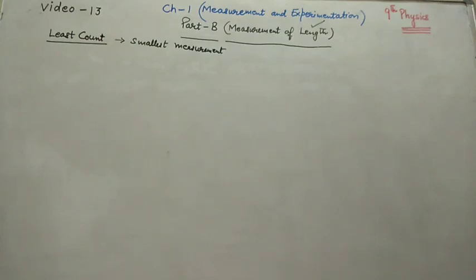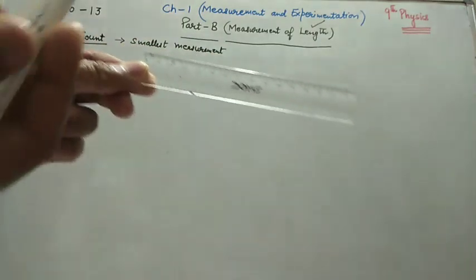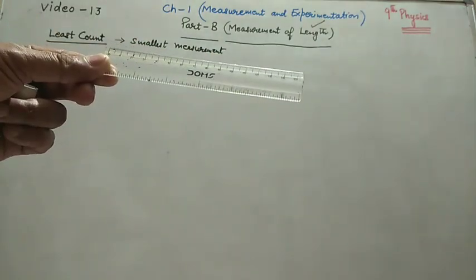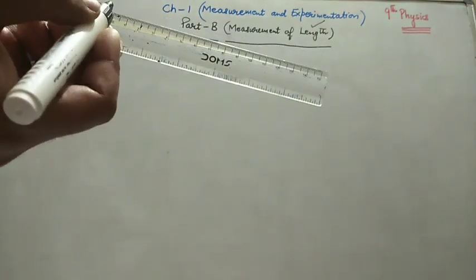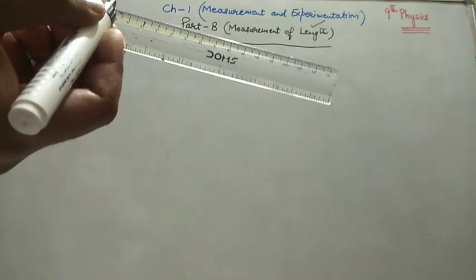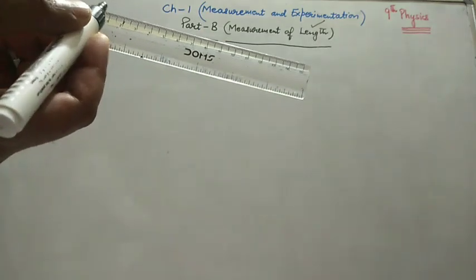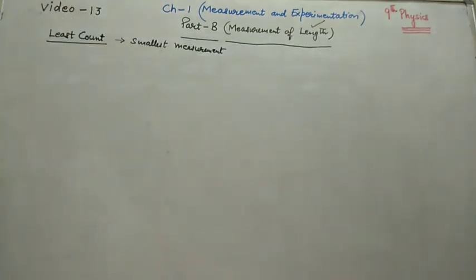So for measurement of length, as you know, simply we use a simple scale. In this scale there is a least count of 1 mm, because the distance between the two smallest divisions, or in 1 centimeter how many divisions do we have?